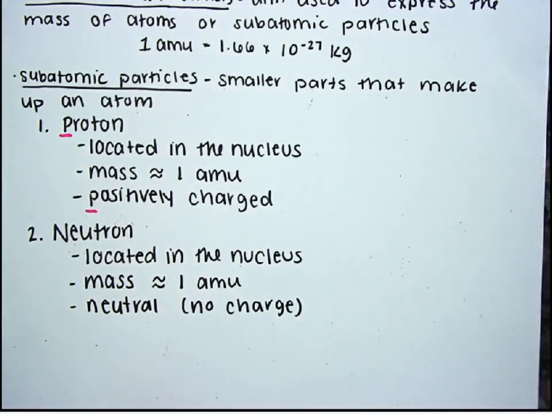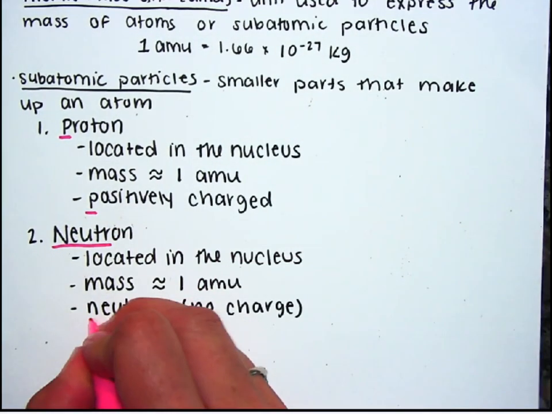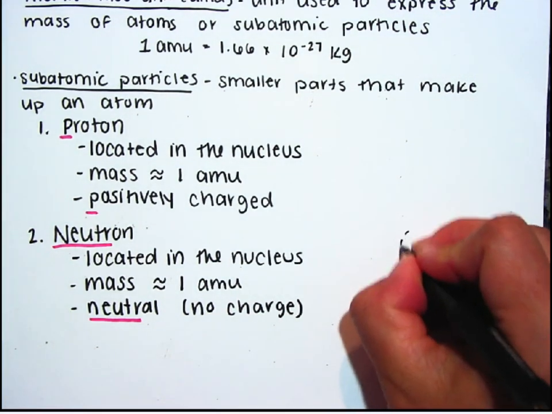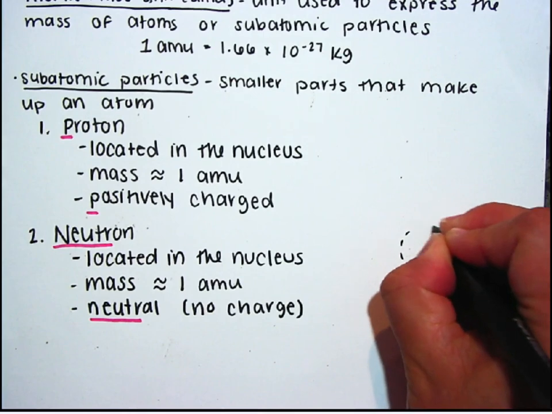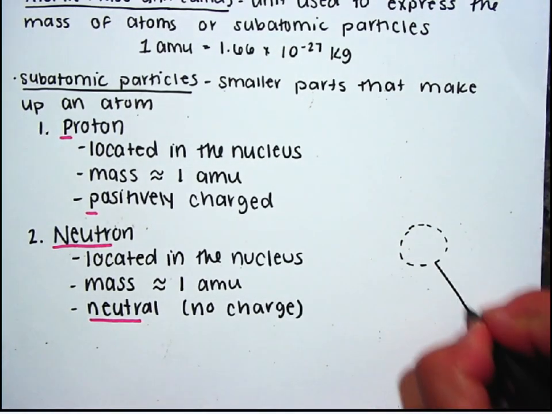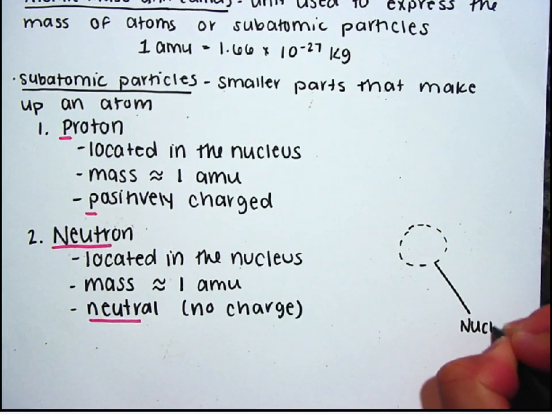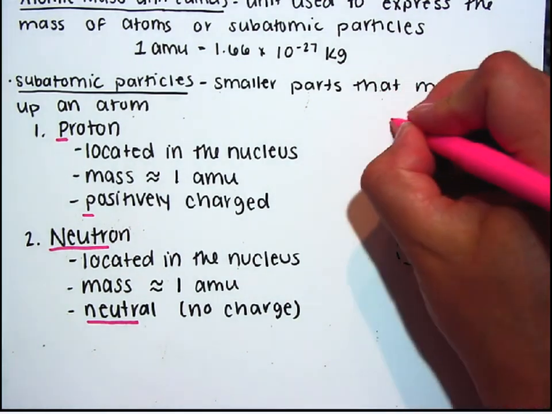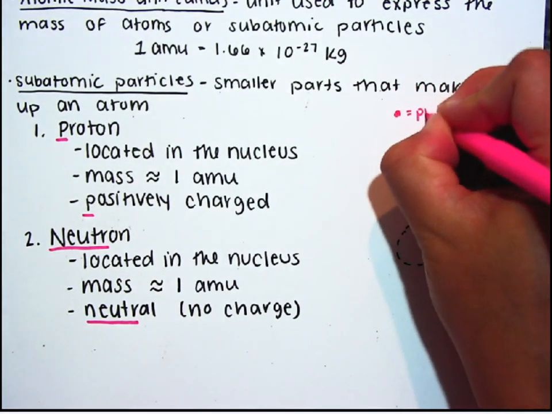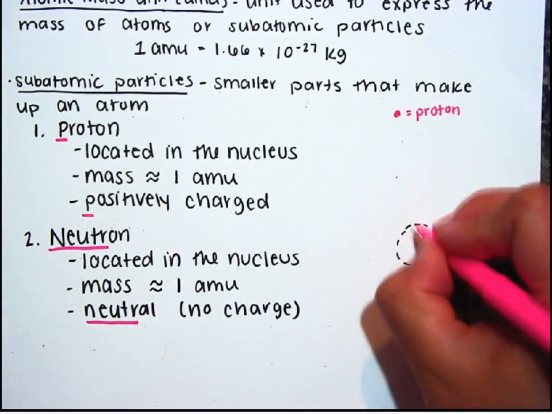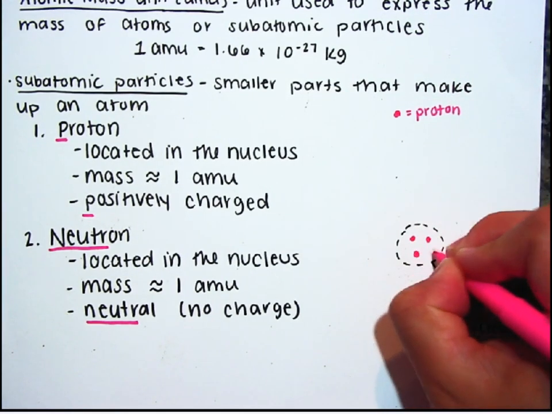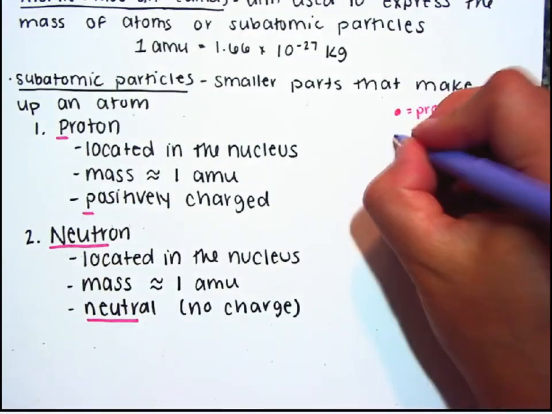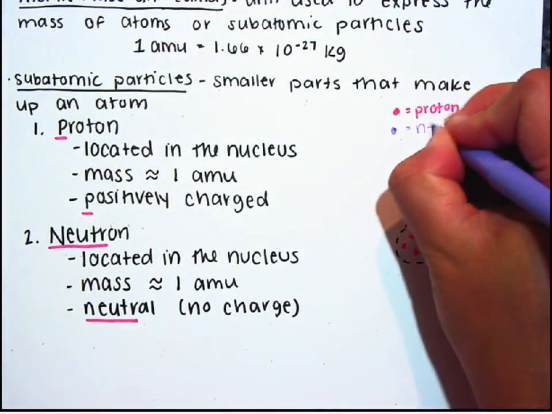So protons are positive, neutrons are neutral. So if this is the nucleus of my atom, in the nucleus, I'm going to have some protons, and I'm also going to have some neutrons.